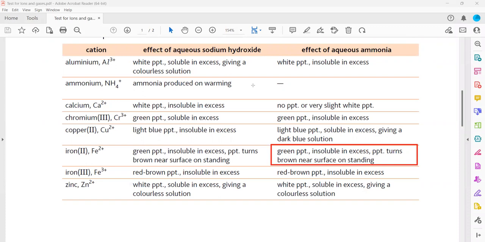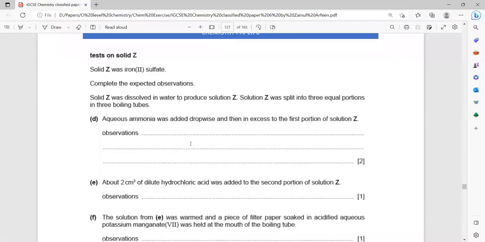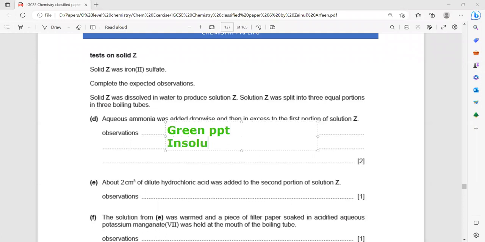And if we leave it, it will turn brown at the surface, because iron 2 will be oxidized to iron 3 by the air. So for this one, you will mention green PPT, insoluble in excess.